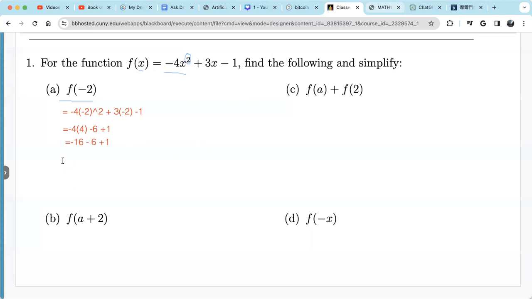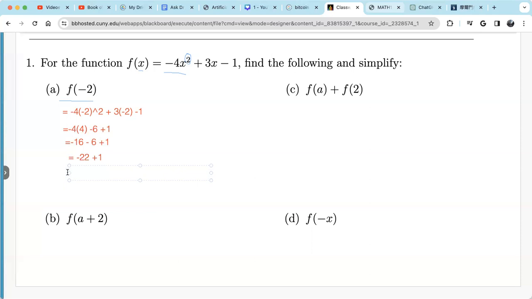So how do we do this calculation? We have two negatives, right? So negative 16 minus 6: think of it as you spend $16, then you spend another $6. How much money do you spend in total? You add those two numbers, but you keep the negative sign. So that's negative 22. Then negative 22 plus 1: you spent $22, but you have $1 in your pocket.